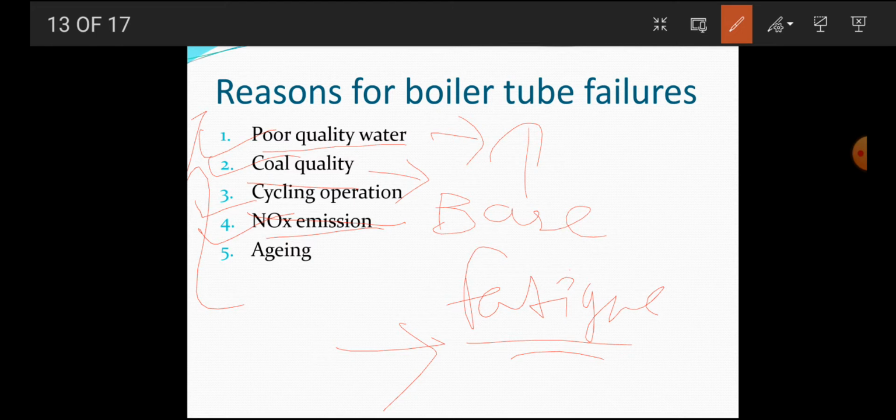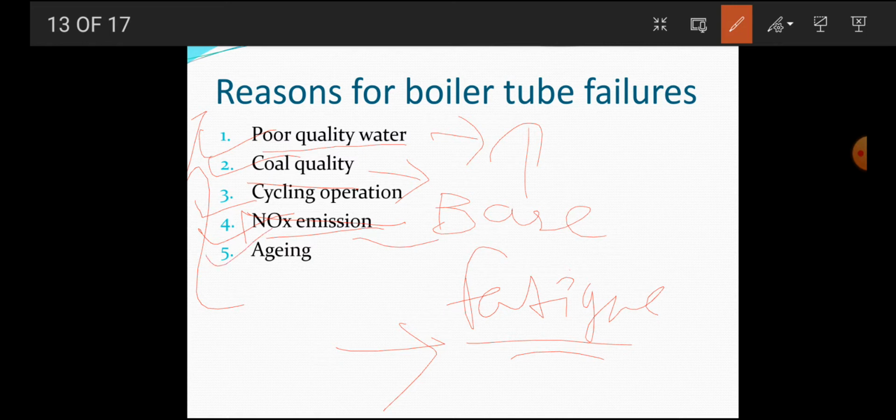So if this kind of emission takes place, we are required to reduce the nitrogen oxides emissions. In order to reduce it, serious water wall fire corrosion takes place along with high sulfur coal firing, due to which the tube may fail.